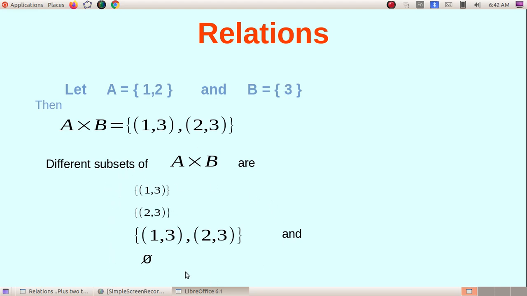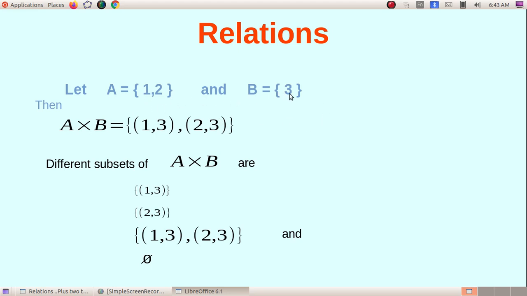Now let us discuss what is a relation. Okay, what is the meaning of relation? It is a connection. It is a connection of the elements of set A to the elements of set B. Let me say a connection, that is, element of B is 1 greater than, or 2 greater than, that of element of A. First we say element of B is 2 greater than that of element of A. Then which is that relation, which is that connection? (1, 3).